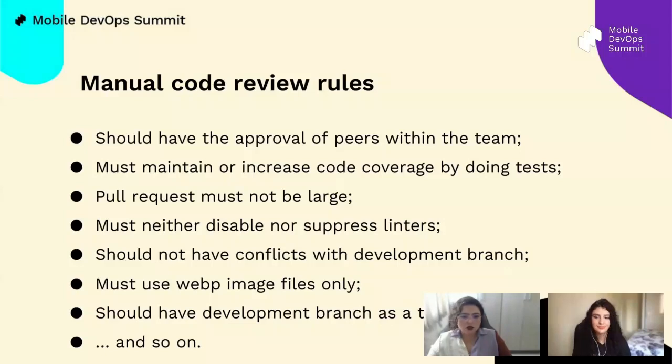Another one is that it must use WebP image files only. It is recommended in order to keep the sources and the bundle smaller. It should have the development branch as a target, since all pull requests will be integrated into the main development branch, and so on. These are the principal rules that we try to automate with the solution.